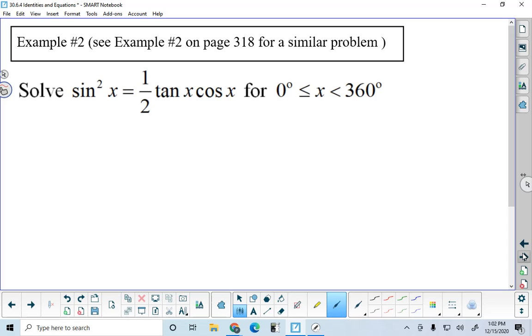Now, I suppose we could replace this with 1 minus cos squared, but experience tells us that looking at this is simpler. It's going to lead us to something that's more useful quicker, because tangent of x is sine of x over cosine of x, and we're multiplying by cosine of x.